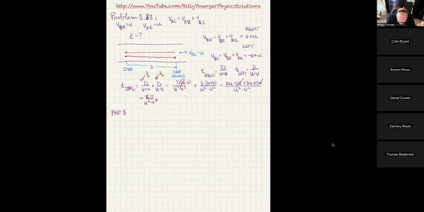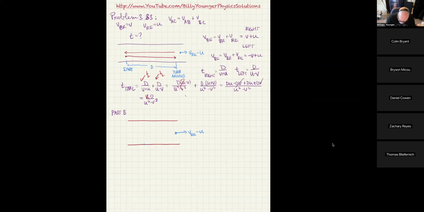So again, we're going to have the river like this, and we're going to say the river has a velocity of the river with respect to the earth equal to u.